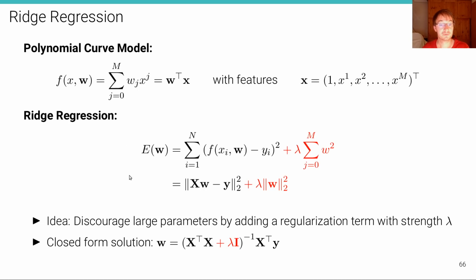And on the bottom, we can now see what the ridge regression problem looks like. This is the error function of the ridge regression problem, where in red, I show the changes with respect to the model that we had before. What changed is that now, in addition to the reconstruction error that we had before, we have an additional term, which is called a penalty or a regularizer.